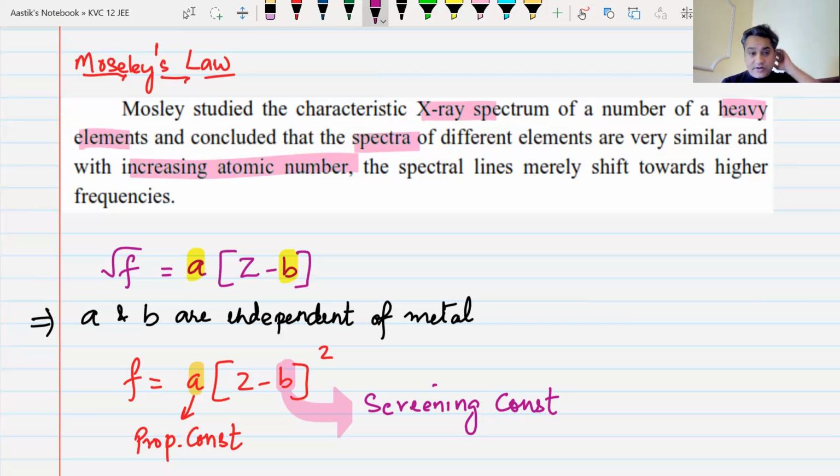And normally this value of B will be given to you, but just for your information, the value of B is 1 for the K series.